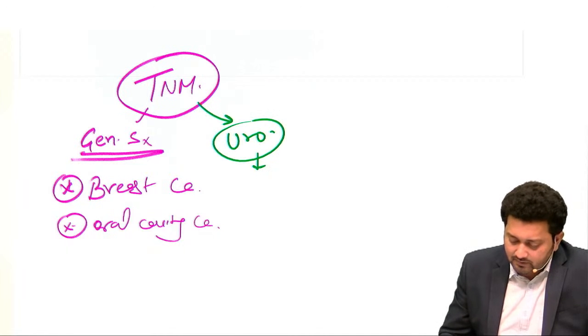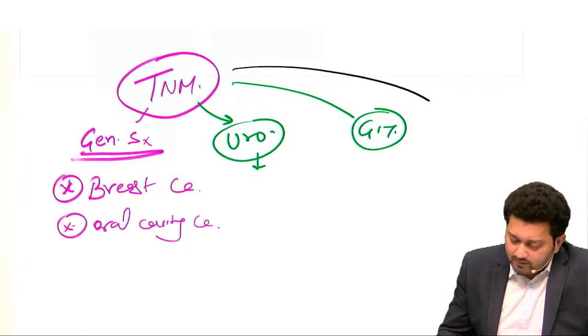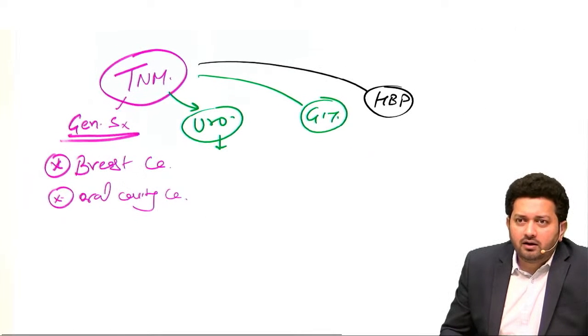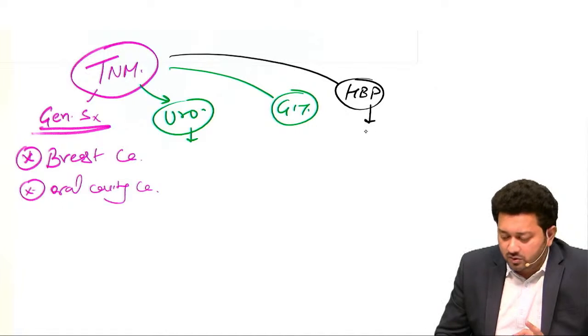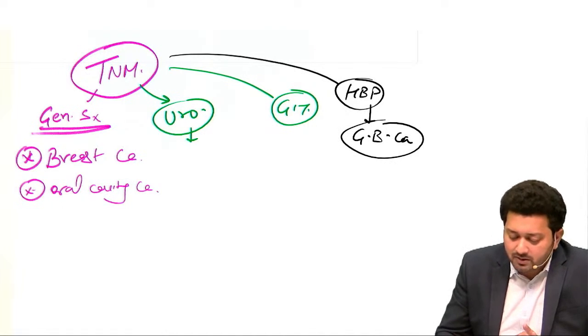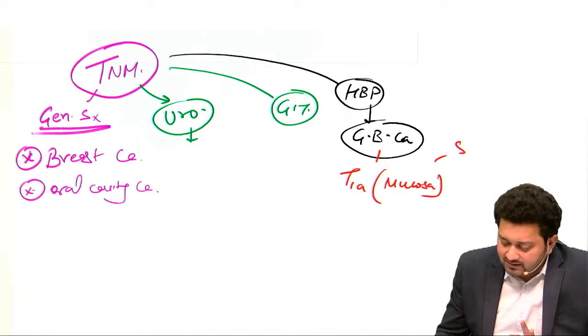Urology, GIT, hepatobiliary pancreatic. Let's see, hepatobiliary pancreatic, just need to remember the gallbladder cancer, and that too I would not say that you remember the whole thing. Just remember, if it is T1A, only mucosa, then the surgery is a simple cholecystectomy.